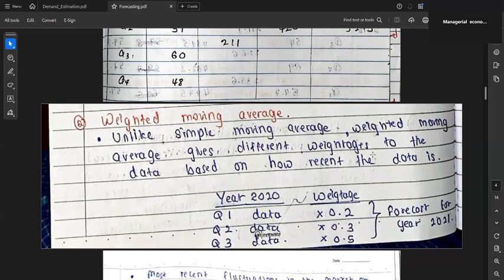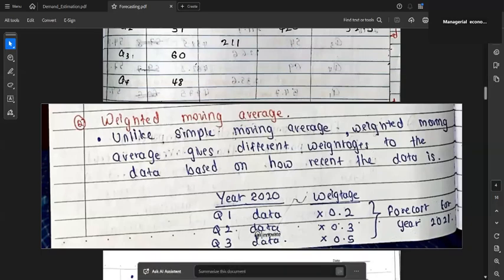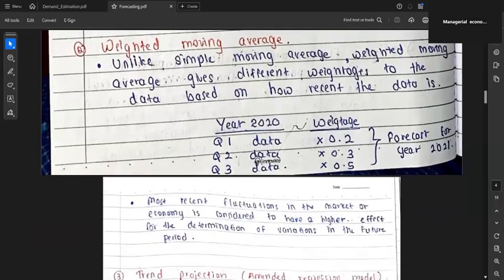So in a weighted moving average, the weightage given to the oldest time period is less, and the weightage given to the newest data is high. You can assume whatever weightage, but make sure the weightages given to the points add up to 1. Here, 0.5, 0.3, 0.2 added equals 1.